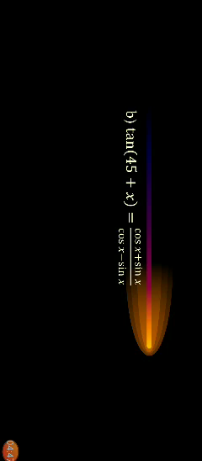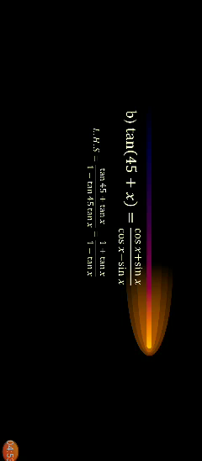Another one: tan (45 plus x) equals cosine x plus sine x over cosine x minus sine x. Now, tan 45 plus tan x over 1 minus tan 45 times tan x. Tan 45 equals 1, and tan x equals sine over cosine.